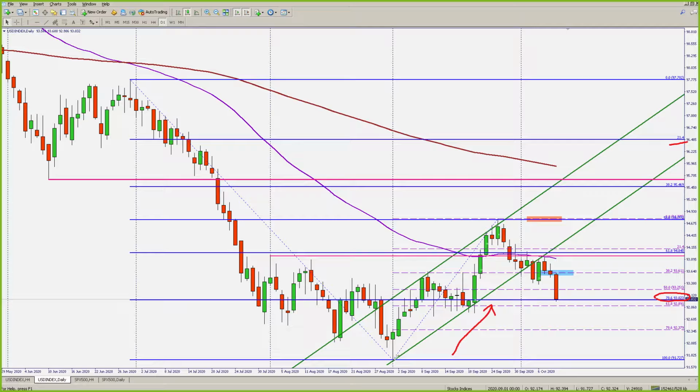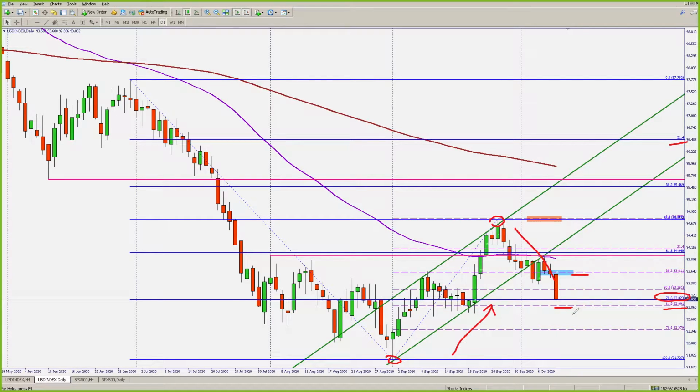If I add another Fibonacci here, of this swing low to the swing high of a couple of weeks ago, that has retraced lower past the 38.2 fib retracement and the 50, and it's trying to reach the 62 fib retracement level next week.